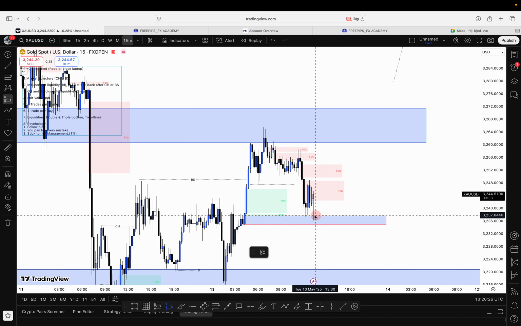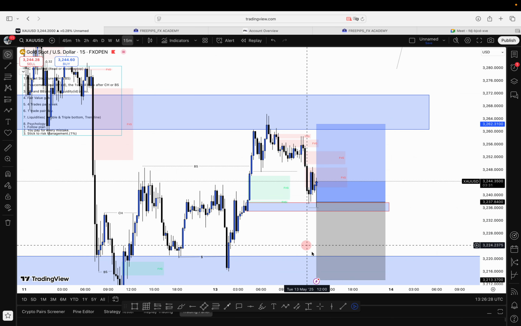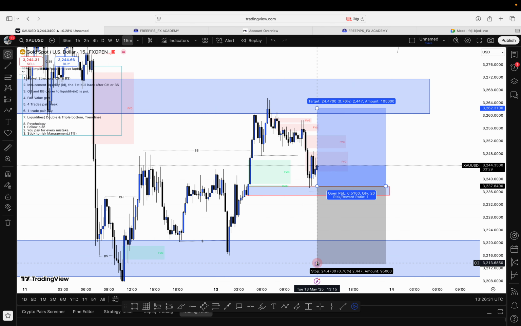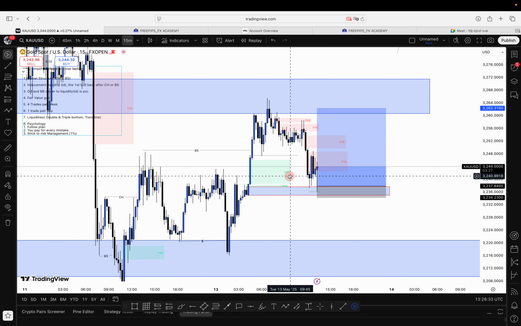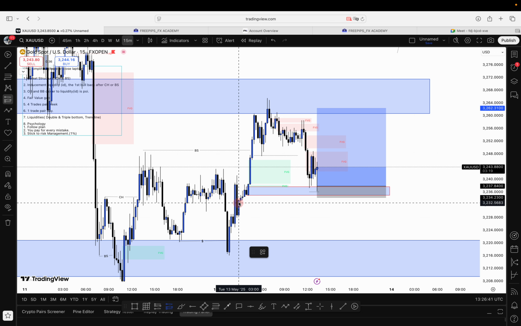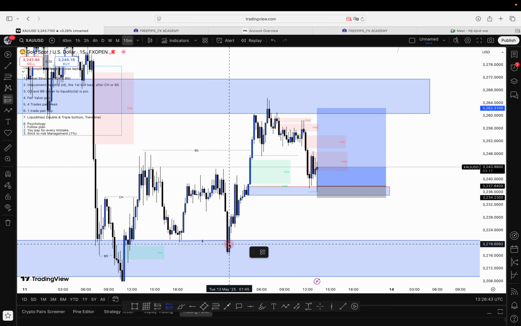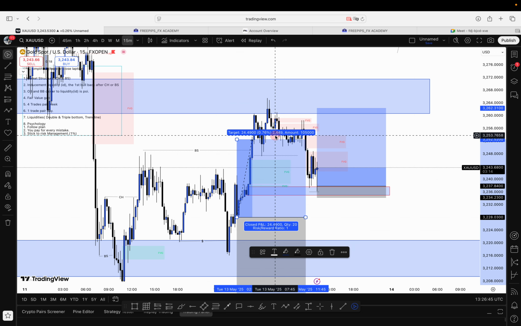Meaning this is valid, right? So it can buy to the order block on the top.